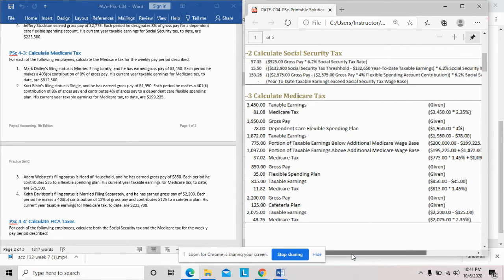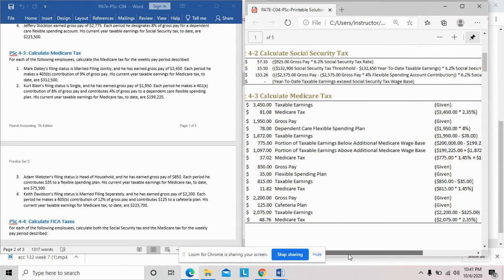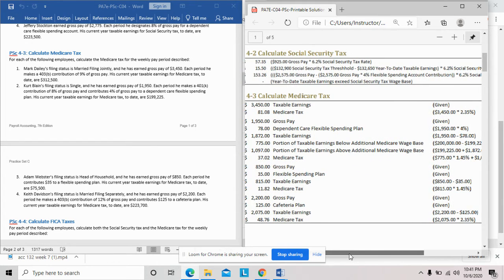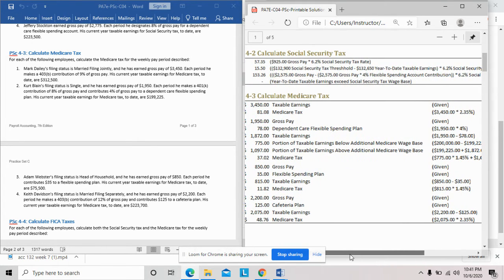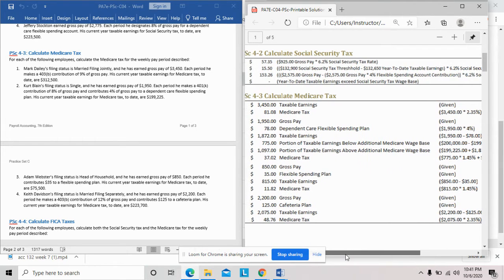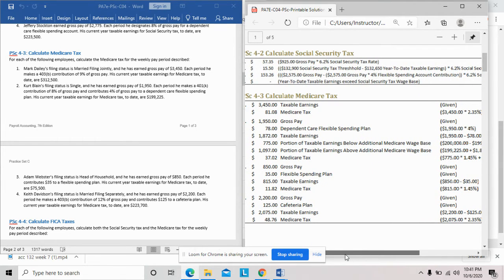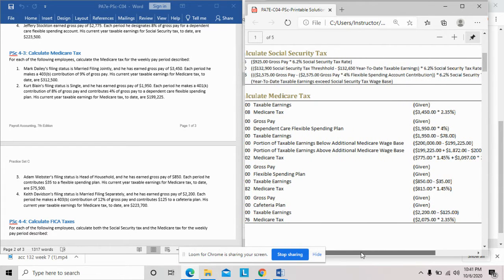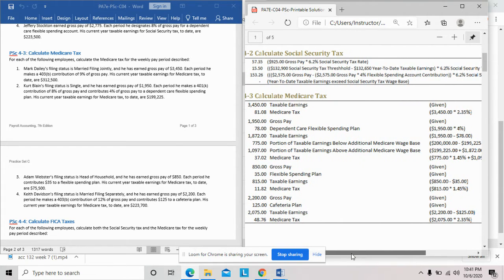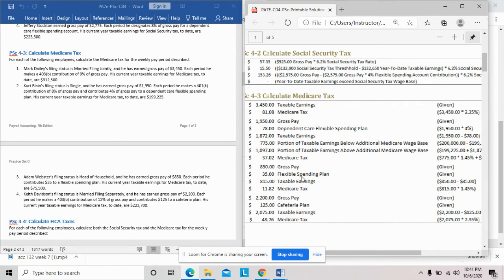So the gross pay is given, $2,200, cafeteria plan, $125. To find the taxable earnings, we just subtract those two amounts, $2,200 minus $125, to get a taxable earnings of $2,075. Get the Medicare tax, multiply that amount by 2.35% to get a Medicare tax of $4,876.